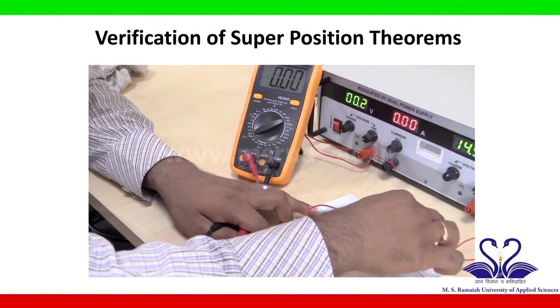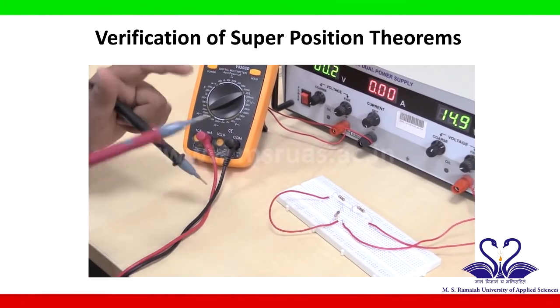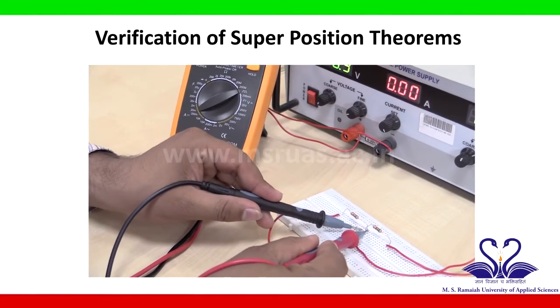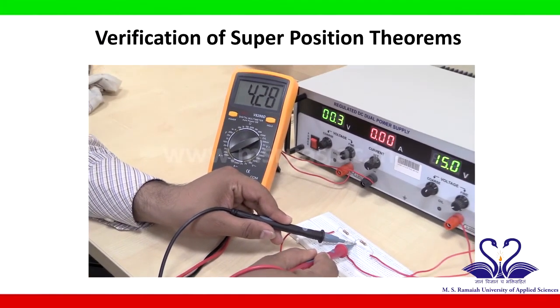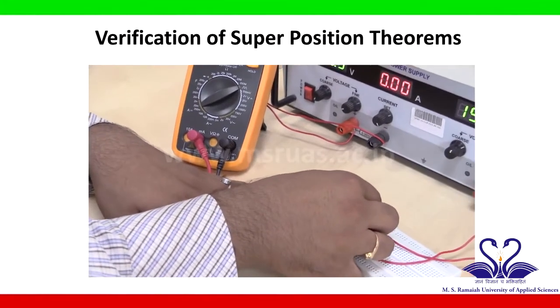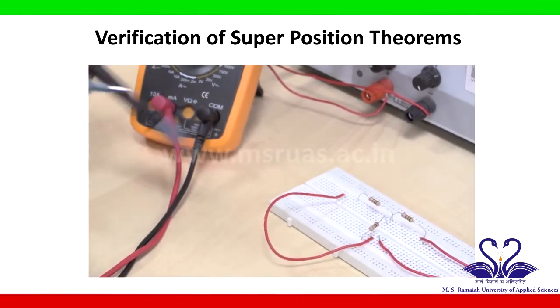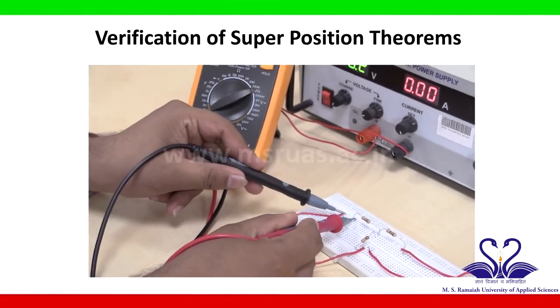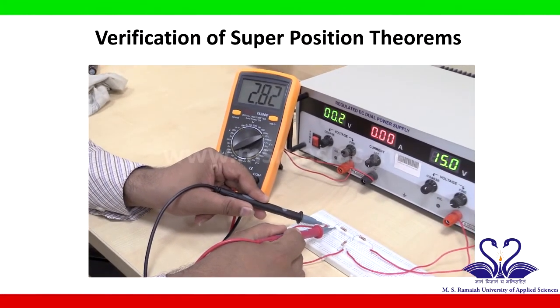The current flowing through resistor R2 is 4.28 milliamps. The current flowing through resistor R1 is 2.83 milliamps.